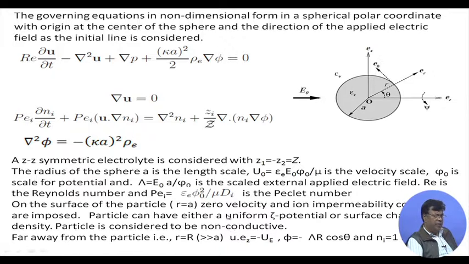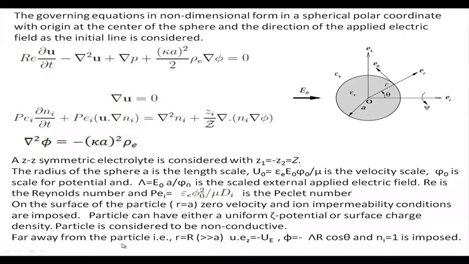Now, the boundary conditions. On the surface of the particle we put the boundary condition of 0 velocity and the ion impermeability condition, that means the flux of ions is 0, grad n I is 0 over there. The particle can have either a uniform zeta potential, so I can say phi equal to 0, or del phi del r equal to minus sigma by epsilon, that form we have already described.